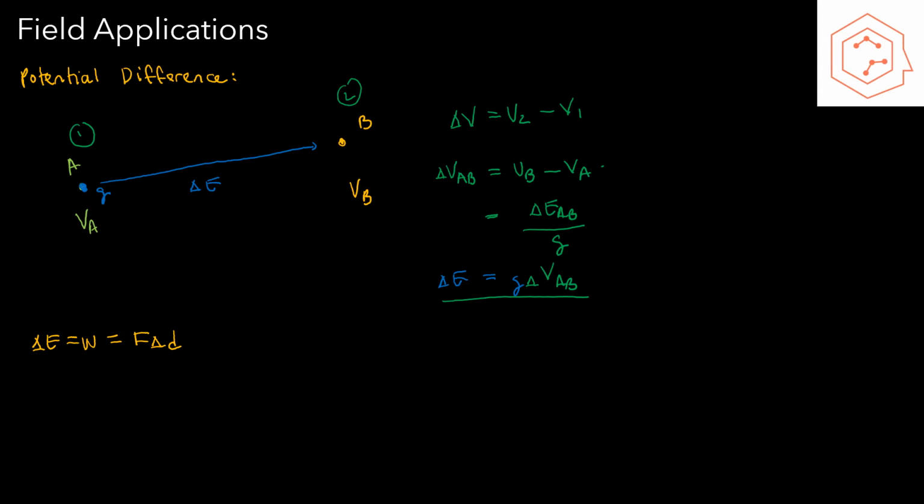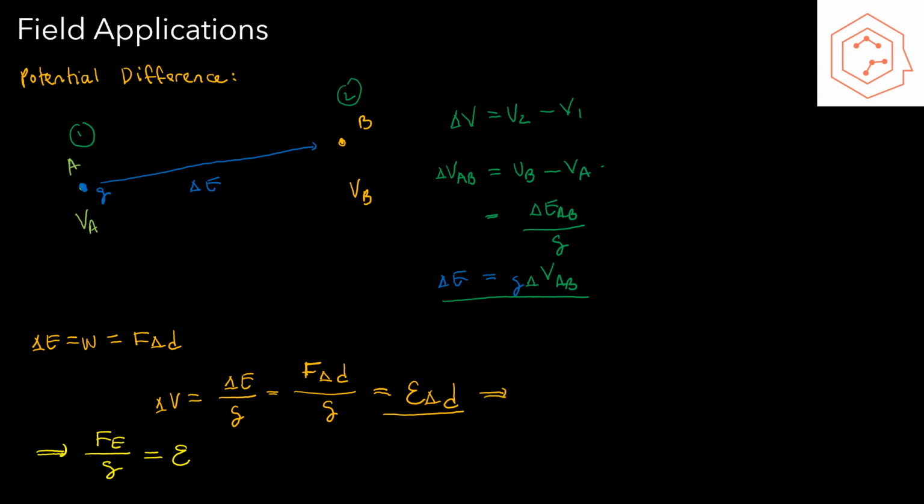And so delta V, which is equal to delta E divided by Q, is equal to the force times the displacement divided by Q. But we already know that the electrical force divided by a charge is equal to the field in that region. And so if we're dealing with a uniform electrical field, F divided by Q is going to be constant, and it's going to equal E. So this is equal to E delta D.